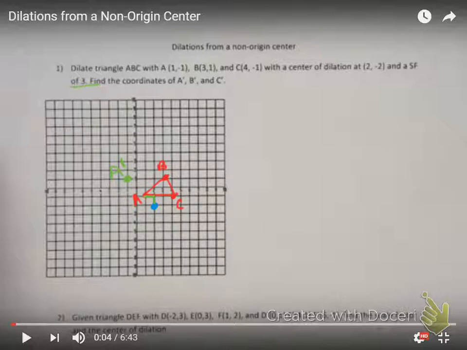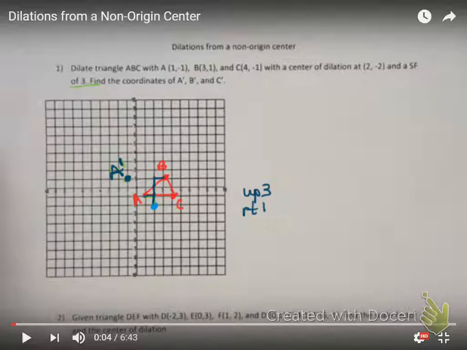That's hard to read, isn't it? Maybe we'll go purple. Up 1, over 1. A prime. Okay, from my blue point to B, I go up 1, 2, 3, right 1. So up 3, right 1. But I am now doing a scale factor of 3.